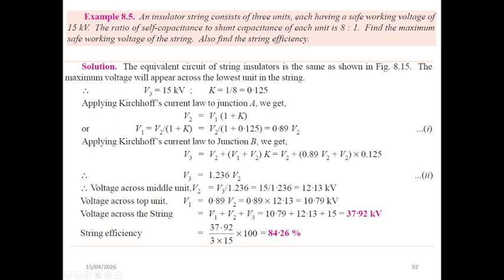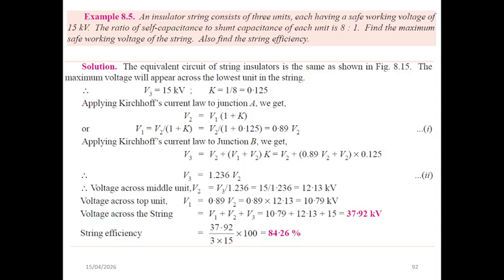So this example focuses on a three-unit insulator string again, where each unit has a safe working voltage of 15 kilovolt, and the ratio of self capacitance to shunt capacitance is given as 8 to 1.